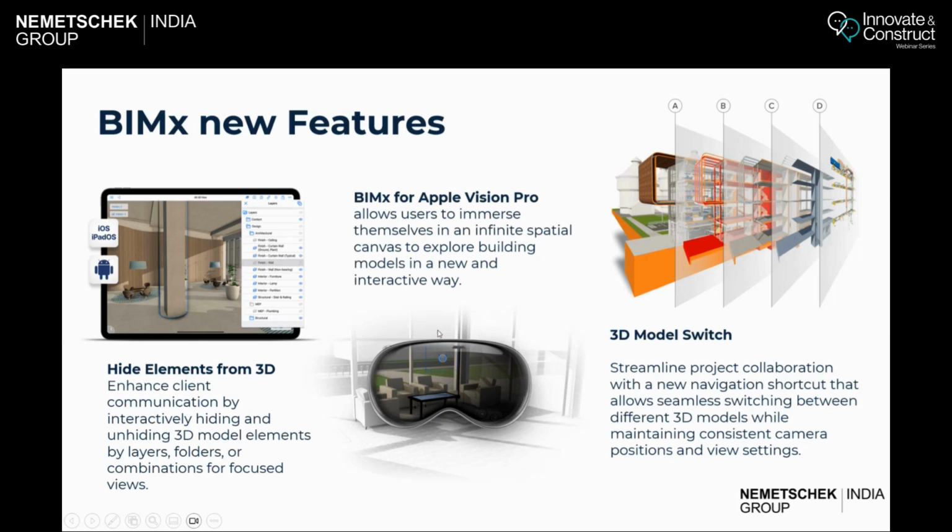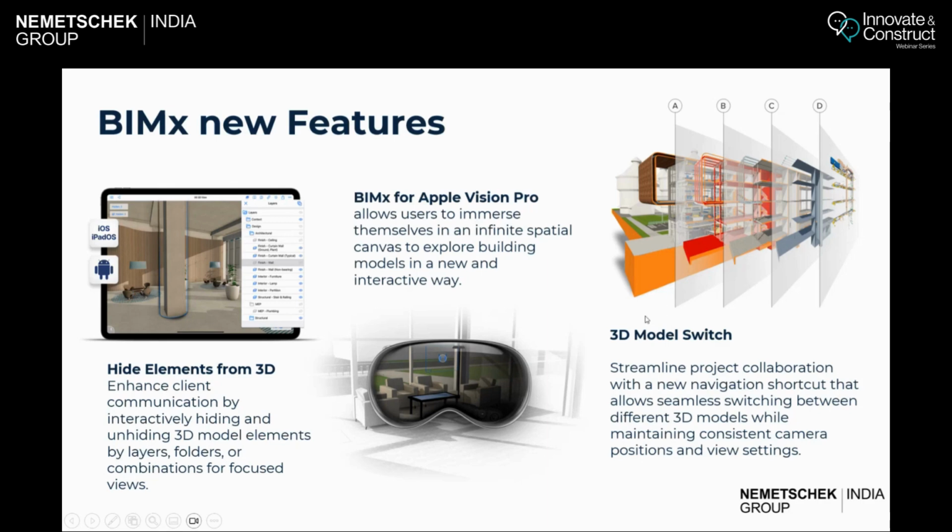It also works with the Google Cardboard as well. We have a VR integrated directly inside the application as well. We can use both the VR devices. And then the 3D model switch option, which I showed, switching from one 3D model view to the other different 3D model views that we have created.